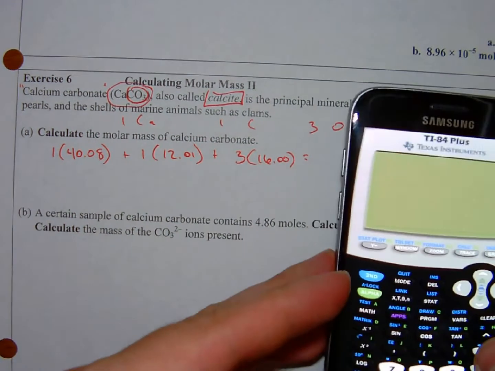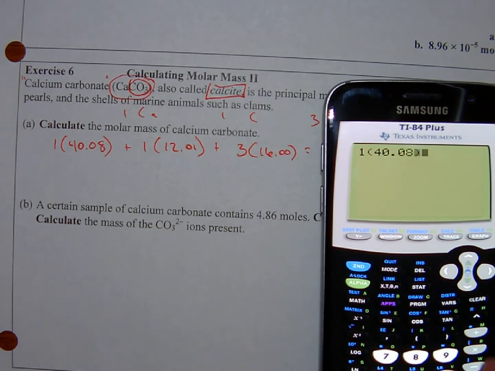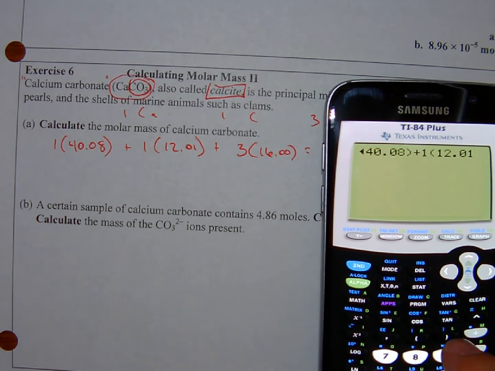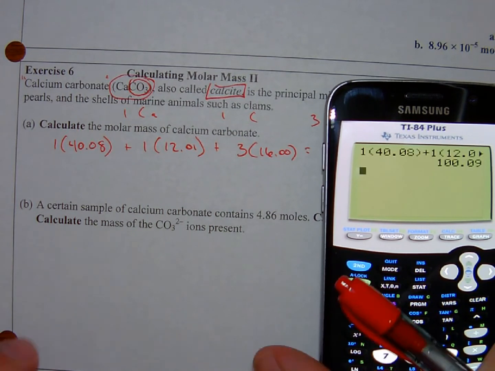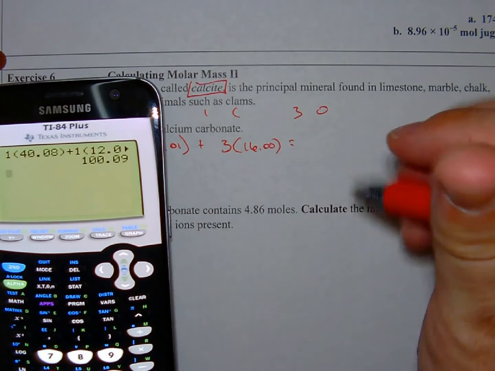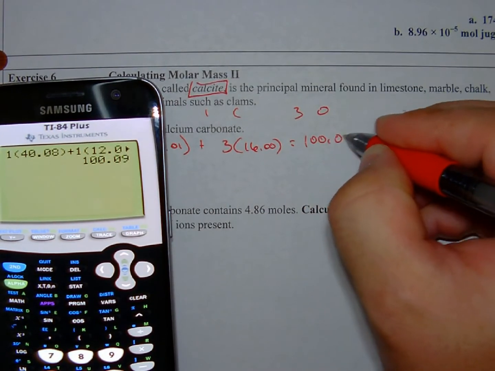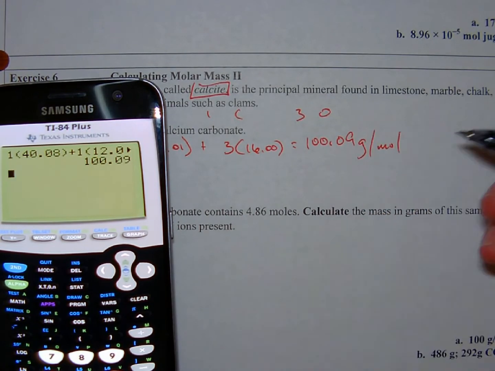So let's plug this into my calculator here. 1 times 40.08 plus 1 times 12.01 plus 3 times 16.00. Come up with 100.09 grams per mole.